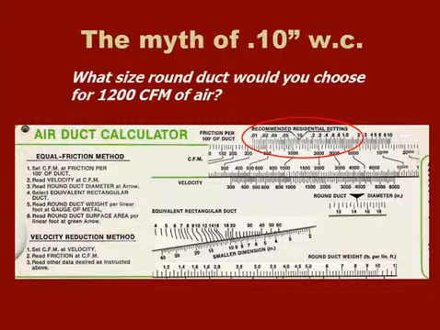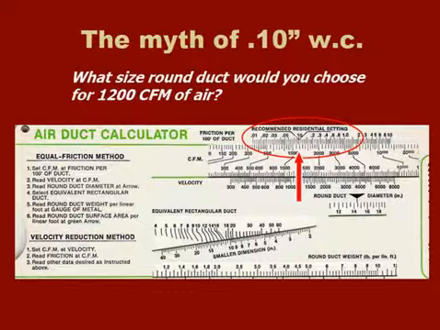A 6-inch oval pipe gives you less air for the same pressure as 6-inch round. 5-inch oval, less air than 5-inch round. Not rectangular duct, not square duct. Round duct. Metal duct. Not flexible duct. Certainly not flexible duct. Not rigid round, not any other kind of duct. Not PCD duct, not any other kind of duct. Plain round metal.